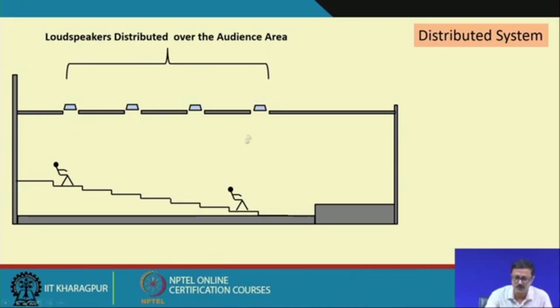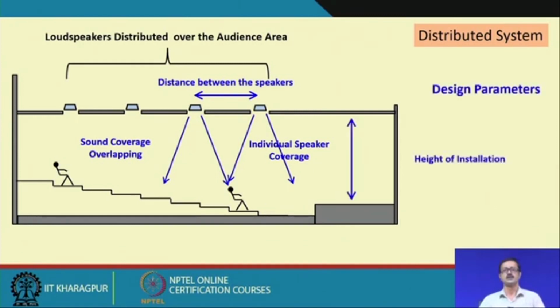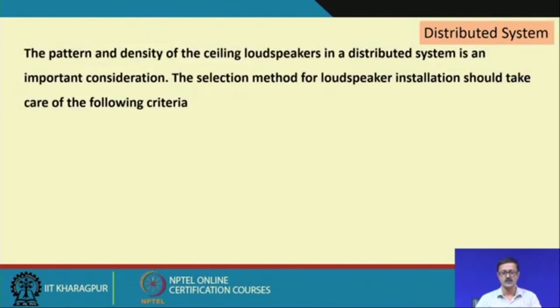Ceiling mounted or maybe wall mounted speakers will be provided, each giving some individual coverage, and we have to check the total coverage of the speakers so that it gives uniformity all over. Again, height of installation is one of the major parameters to design this particular system.